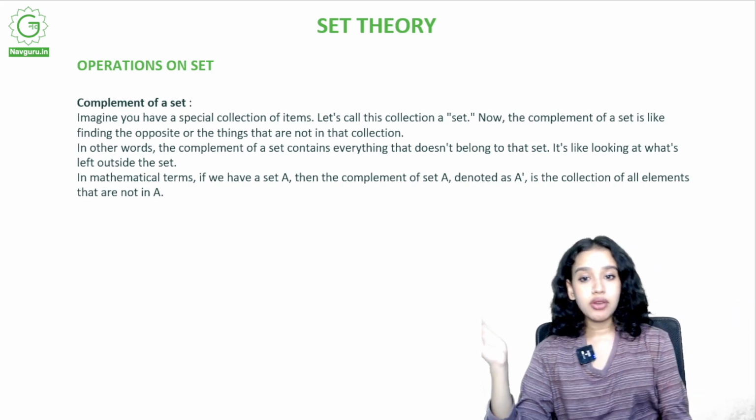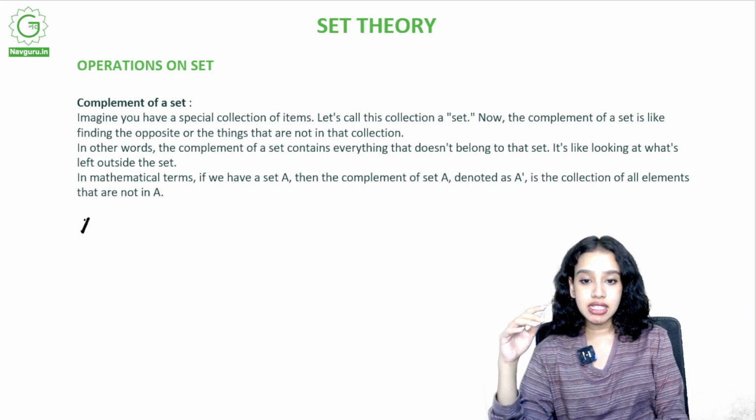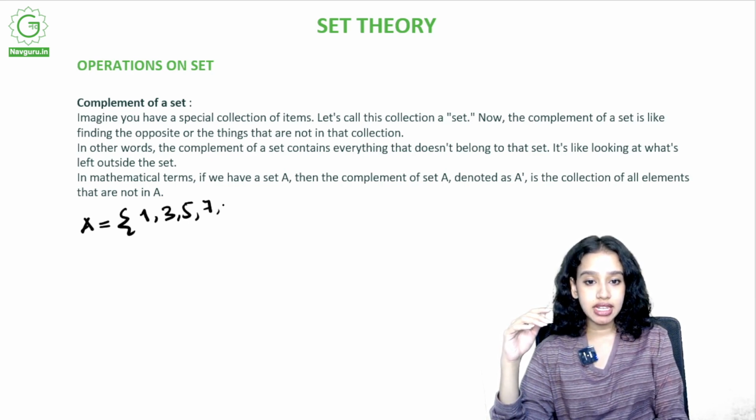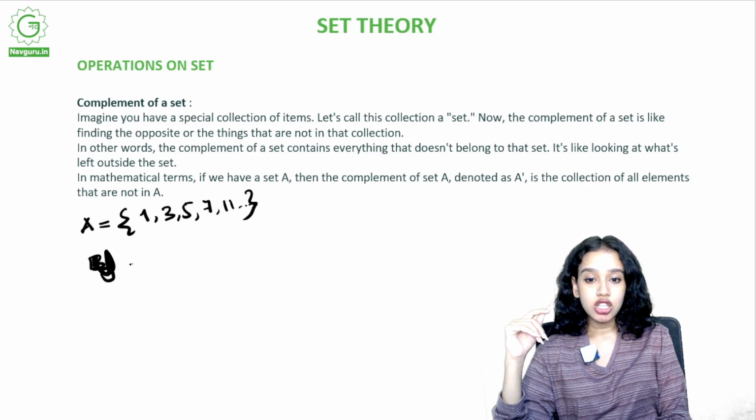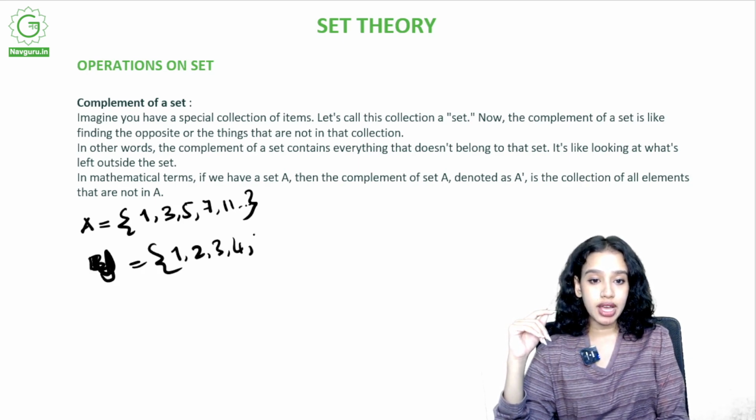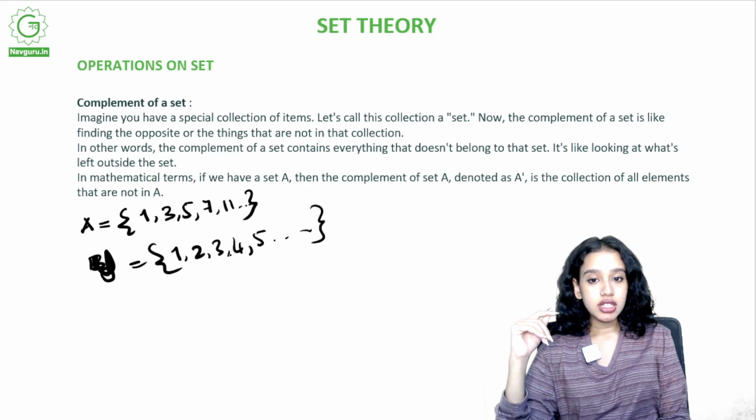So, let's say we have a set A of odd numbers, 1, 3, 5, 7, 11, etc., right? Then we have B as the universal set, the natural numbers, which is 1, 2, 3, 4, 5, etc. It just goes on, right?